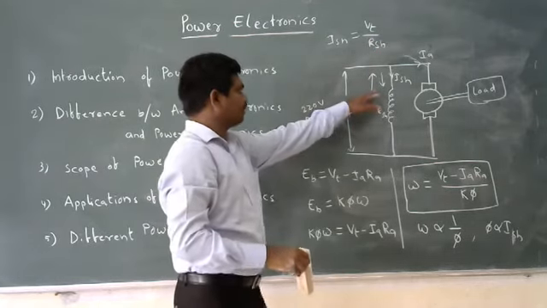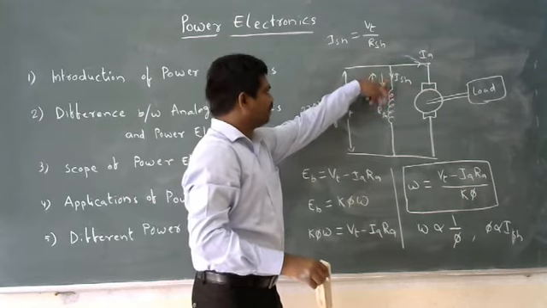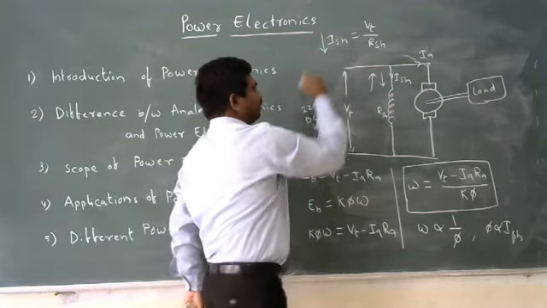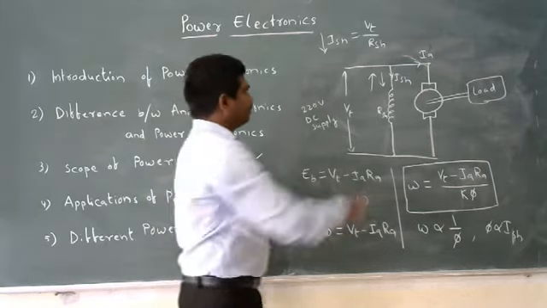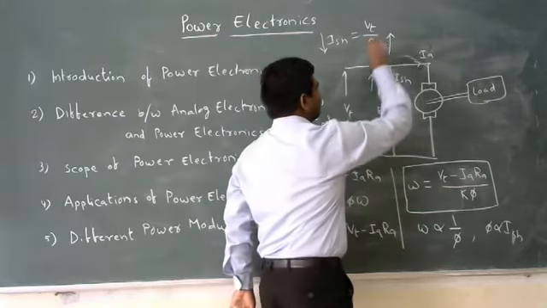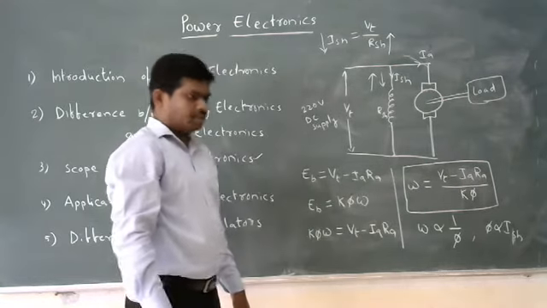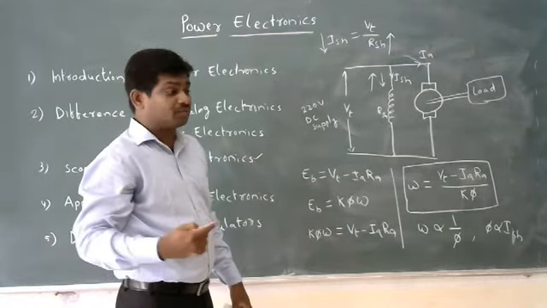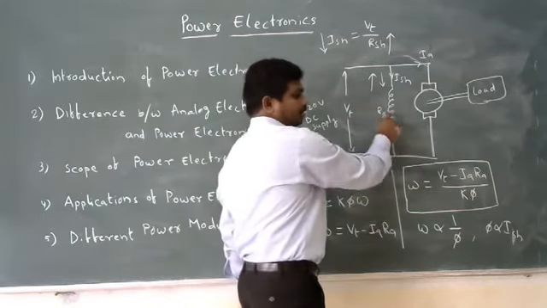If we want to reduce the current flowing through the field winding, we have to increase the shunt resistance. That means we have to add additional resistance in series with this shunt resistance.